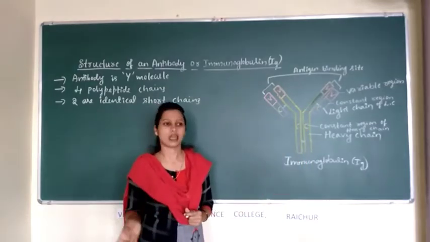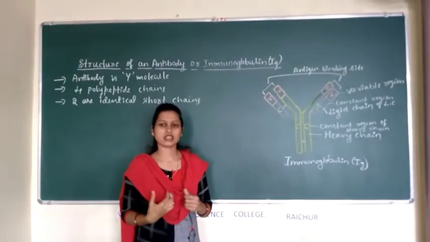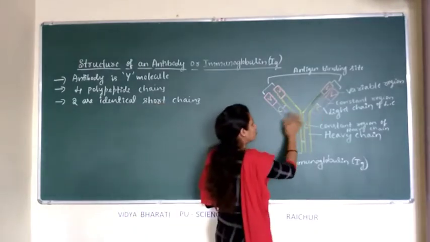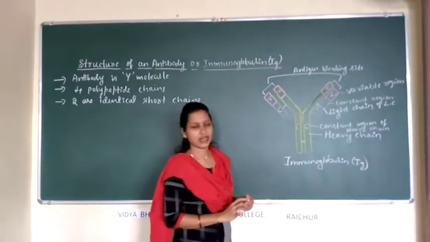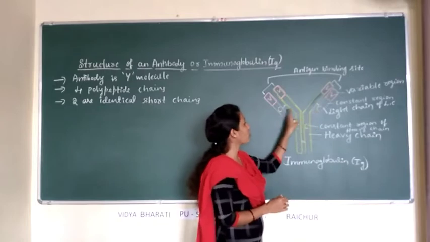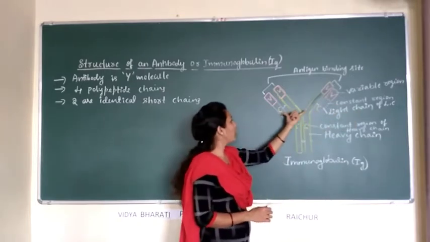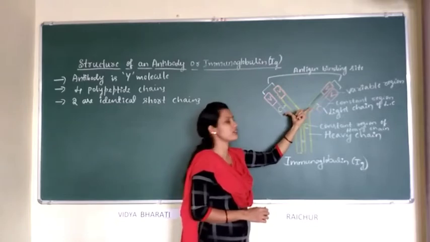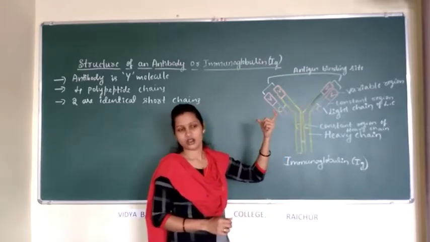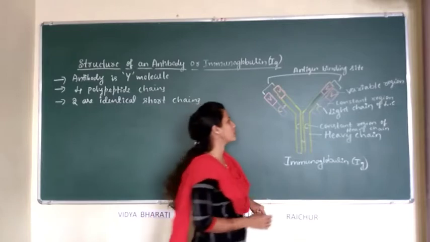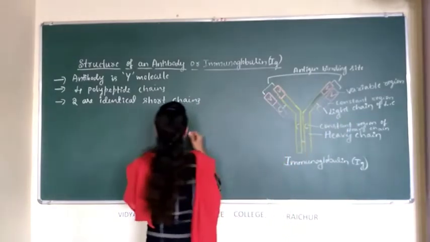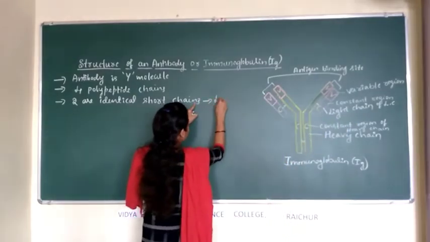Identical means they look the same. These 2 identical short chains are called light chains.